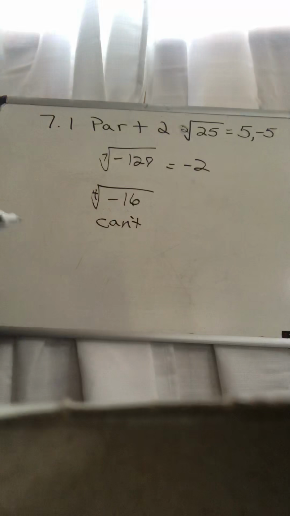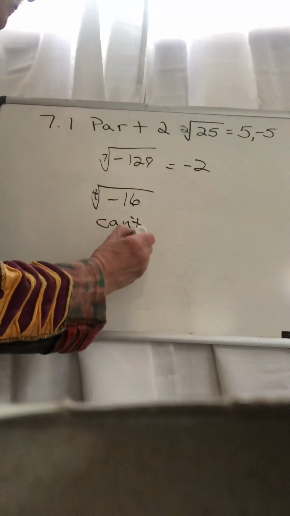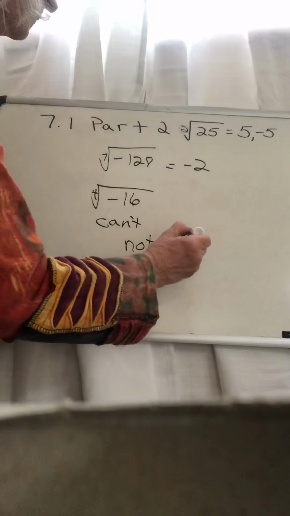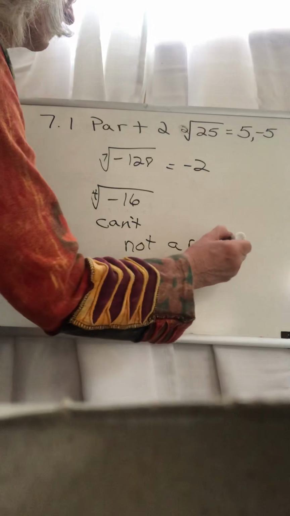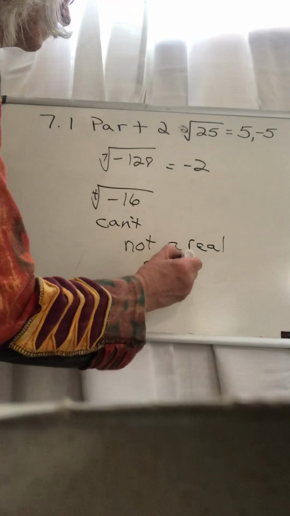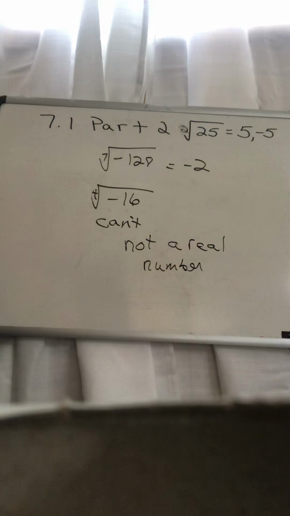You can't solve this. So remember that negative numbers do not have real nth roots when n is even. 4 is an even number. So this cannot be simplified. And so you could just say not a real number for your solution. It's pretty sloppy, sorry about that.